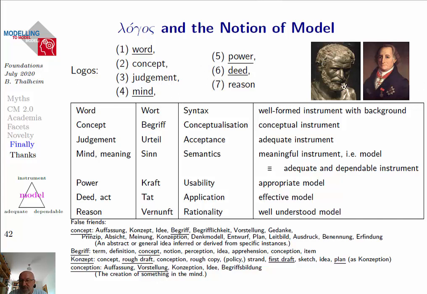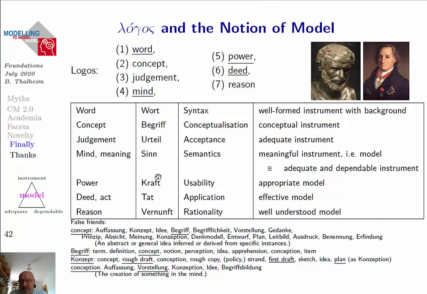It has three more variants. It is a concept, it is a judgment, and it is a tool for reasoning. So in this case we have word, concept, judgment, mind and meaning, power, deed and act, and reason. In German language we have Wort, Begriff, Urteil, Sinn, Kraft, Tat, Vernunft.